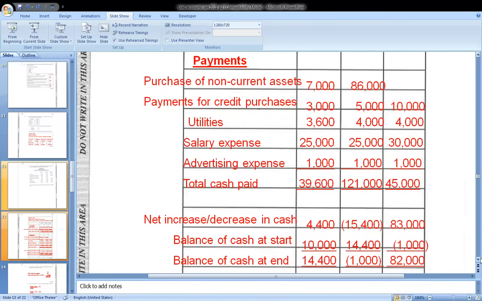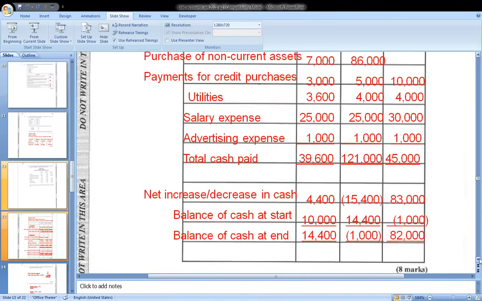So all we did, we simply added them to know the balance of cash at the end. So we have 14,400, negative 1,000, because the negative 15,400 is greater than 14,400. And we did 1,000 from 83,000, 82,000. 8 marks for that.